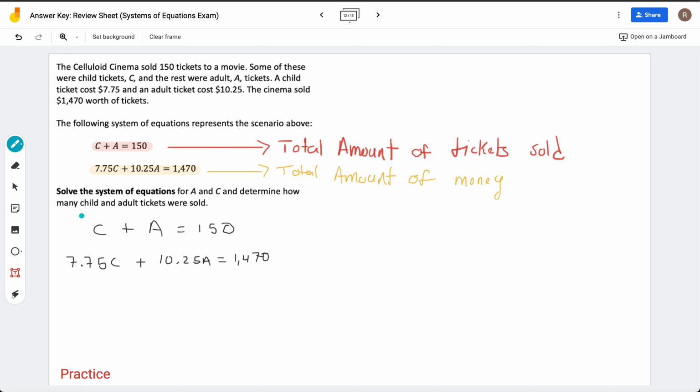So I'm going to multiply the first equation by negative 10.25, because I want to distribute this to all of the terms here, so I can eliminate these when I combine the equations together.